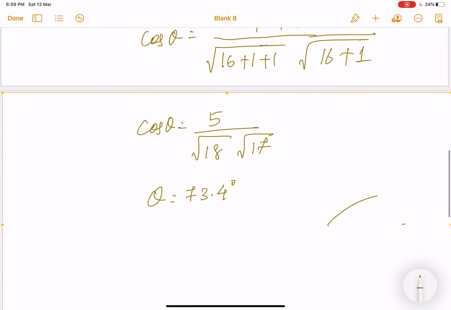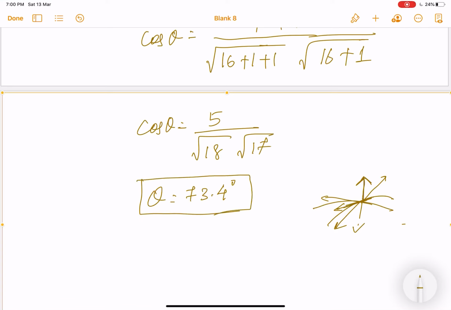Suppose this is the surface; the normal perpendicular to it can be either in the upward direction or downward direction. Similarly, the other surface's normal can be either way. So depending on that, you will get 4 possible angles. This is one possible angle. I want you to find the other alternative angles.